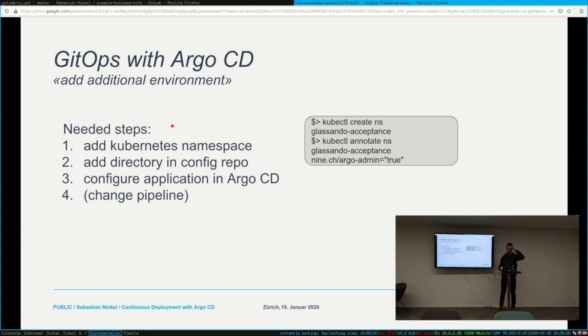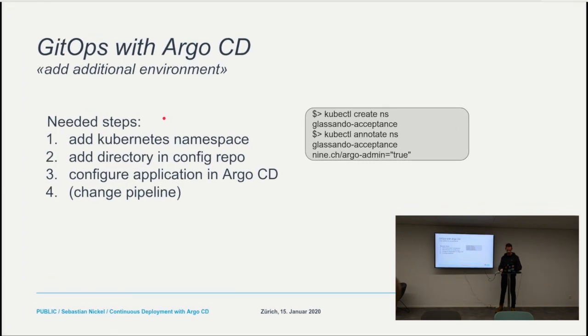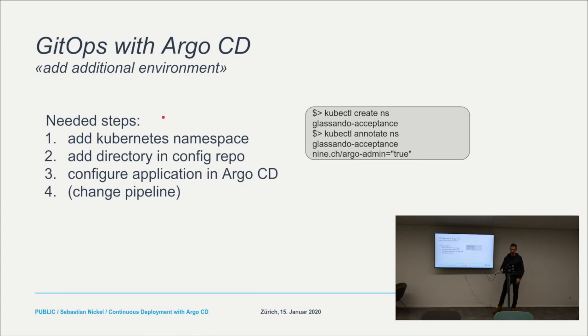Then you need to add the directory in the config repo, also make that full screen, and configure the application in Argo CD. Configuring the application in Argo CD, I will do it by clicky. But Argo CD itself, the applications you've seen, Clasendo Dev, prod and staging, you can have the YAML definitions of it, because in the end it's just a manifest inside another Git repository as well.